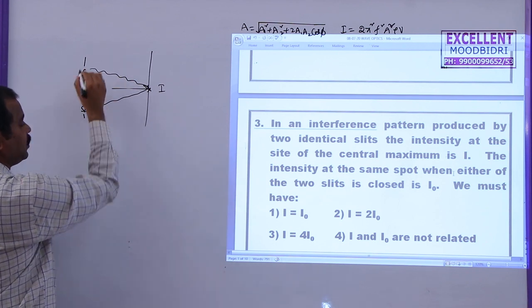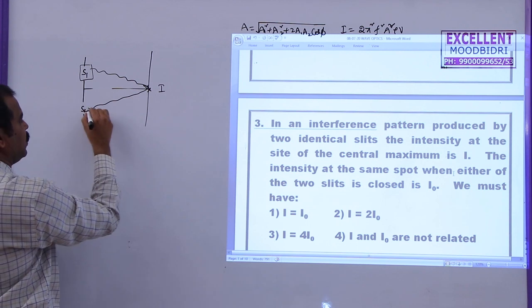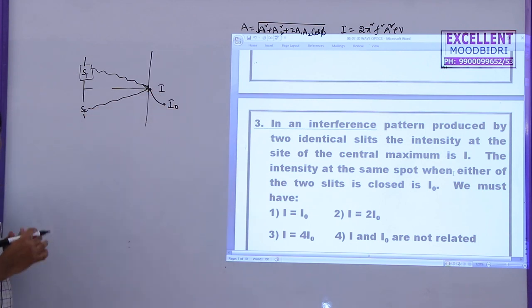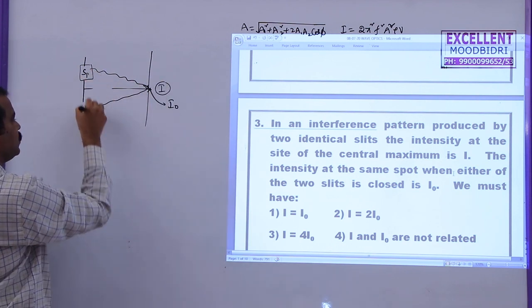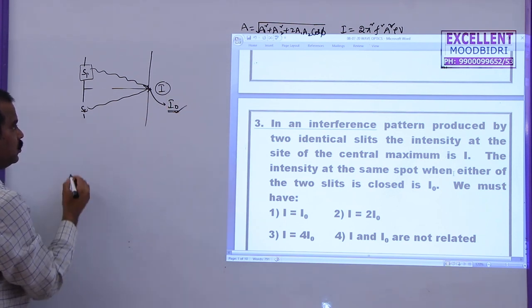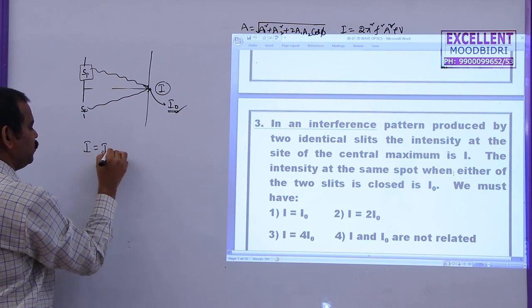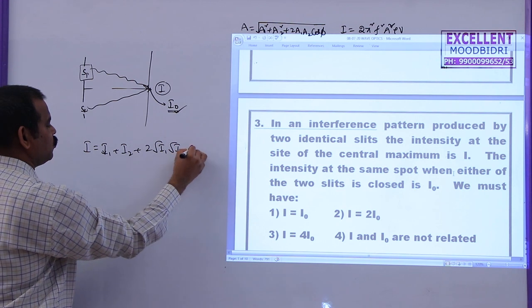So what is the intensity when one of them is closed? If one of the slits is closed, then the intensity at the same point is found to be I naught. We know that this is the resultant of two intensities, but this is the resultant of only one, that means the intensity of one slit. So we know that this is obtained by I is equal to I1 plus I2 plus 2 root I1 I2 cos phi.